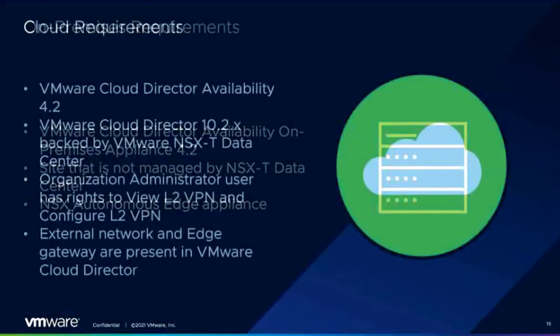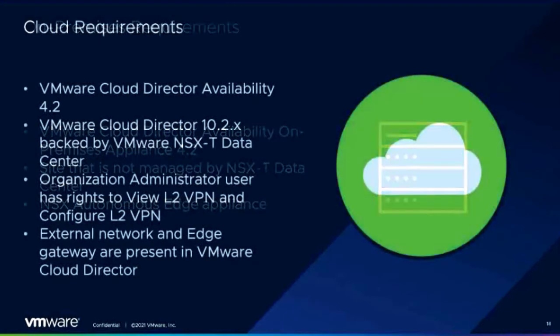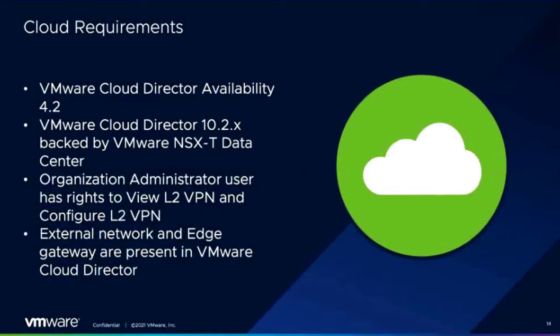For the cloud, the Cloud Director Availability appliances should be updated to the latest version, 4.2. VMware Cloud Director 10.2 and later are supported, and they should be backed by NSX Data Center.